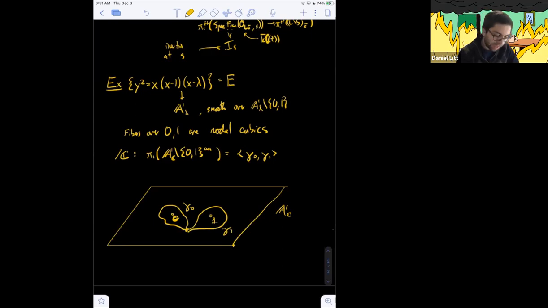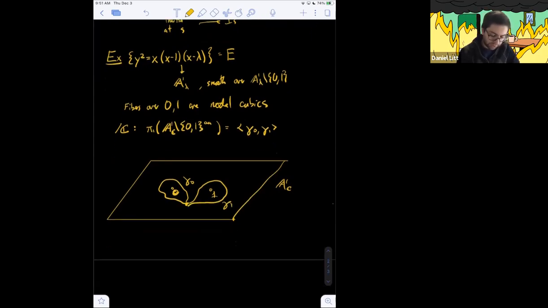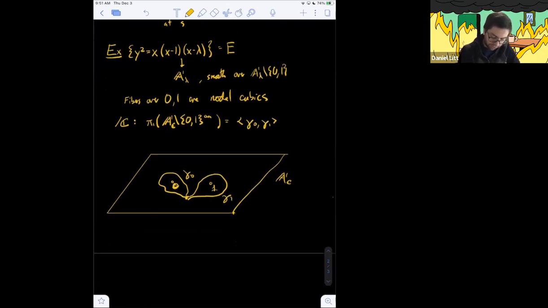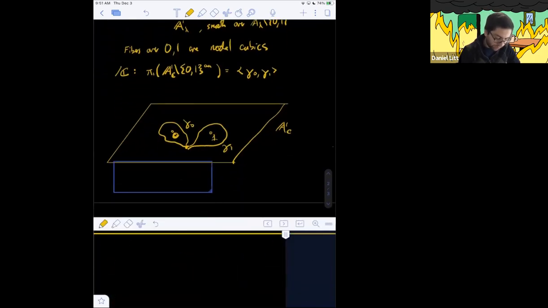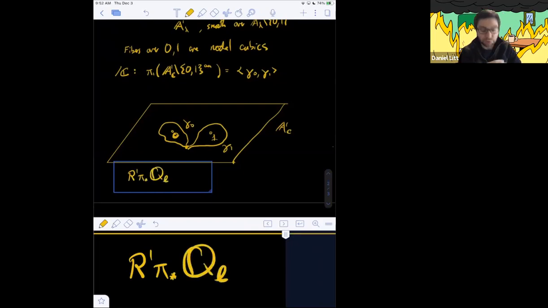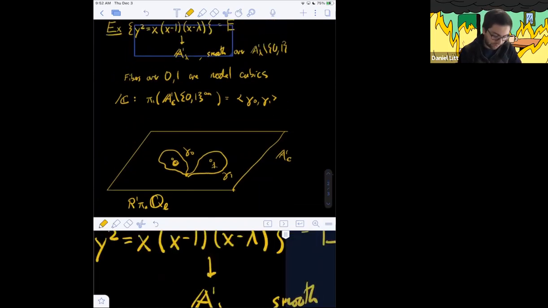Now, what I want to do is compute the representation. So if we take R1 pi lambda star of, let's say, Q_l, but over the complex numbers you could even just take Z, since you're allowed to take singular cohomology over the complex numbers.